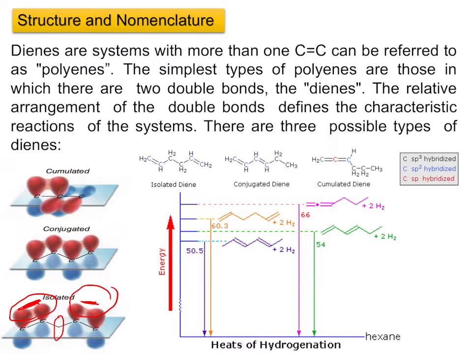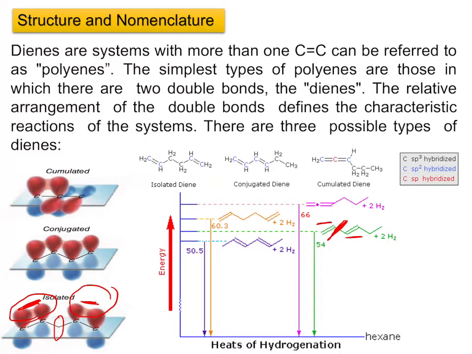So let's study the other one, conjugated diene. What does conjugate mean? It means I have a double bond here, a single bond in between, and a double bond next to it. So whenever I have double, single, double, this means conjugated. Conjugated means they have something to do with each other.